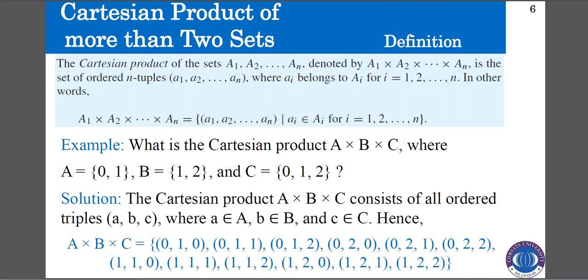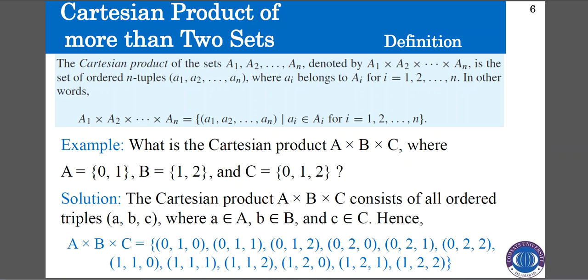In other words, A1 × A2 × ... × An is equal to the set of ordered n-tuples (a1, a2, ..., an), where ai belongs to set Ai for i = 1 to n.